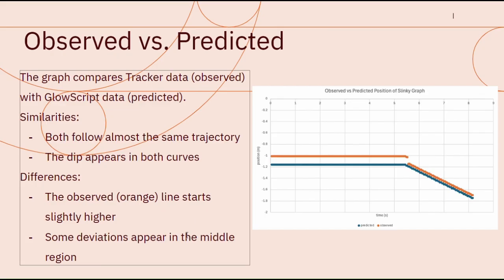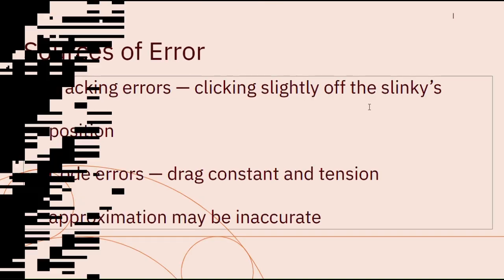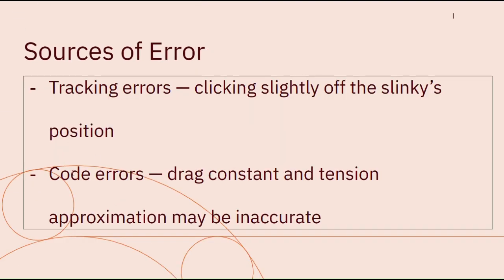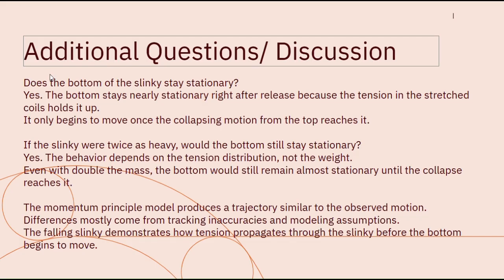And then some deviation in the middle region over here. Those could be because of sources of error, like clicking slightly off the slinky, especially over here. Maybe the approximations weren't completely accurate. But yeah, that's the experiment right there.